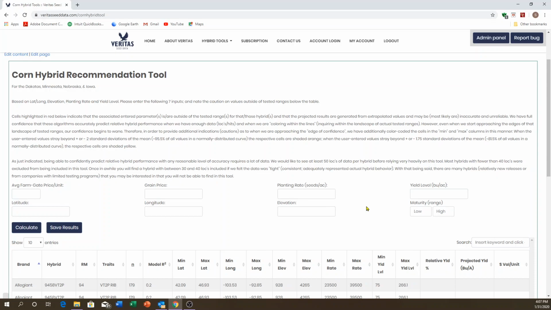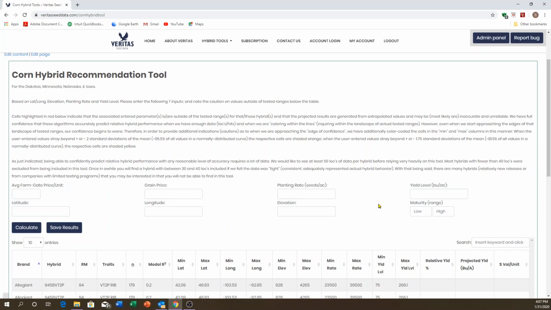In this situation, I have taken the whole database for a hybrid, and I have teased out and ascertained how it behaves, its nature, if you will, and how it responds to things like latitude and longitude and elevation, things like planting rates and yield levels.